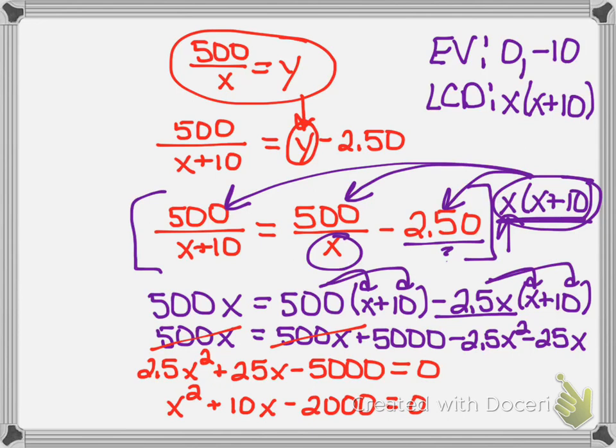Which still seems really large, but with a middle term of 10x, so if I have x squared plus 10x minus 2,000, it's pretty easy to factor the 2,000 to generate a 10 in the middle.